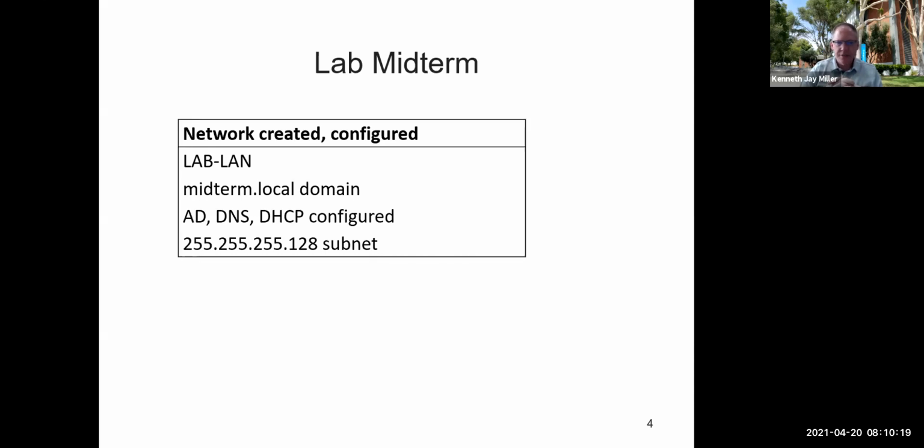Same thing here, just create a new lab-LAN, name it that, and then you had to attach those two VMs we created to the lab-LAN, which just means go into the settings and select lab-LAN for the network card.